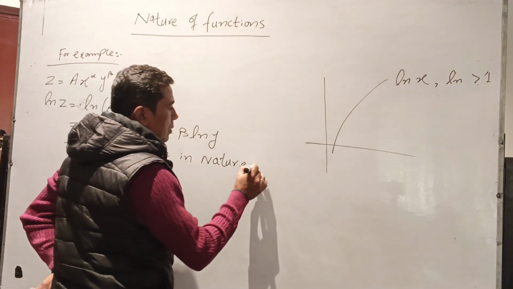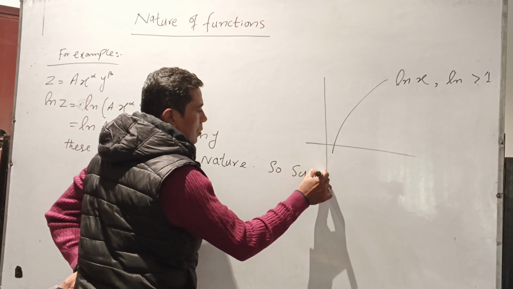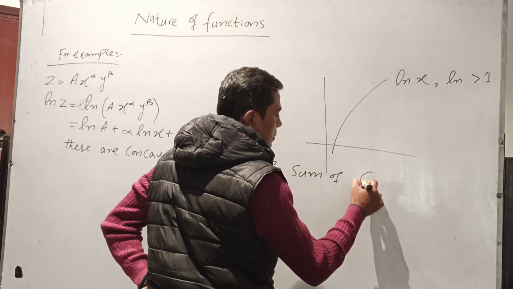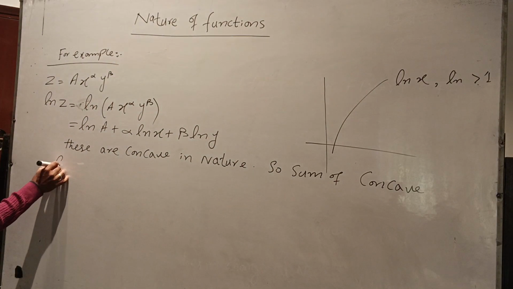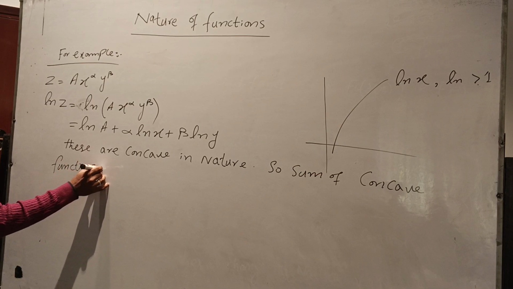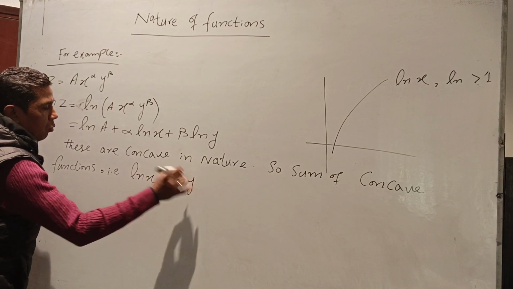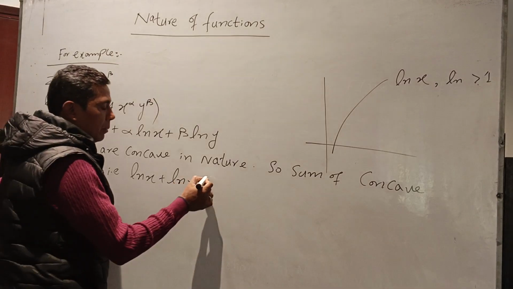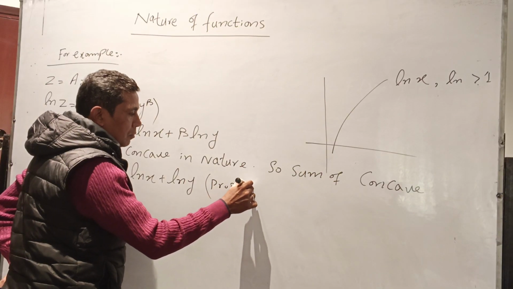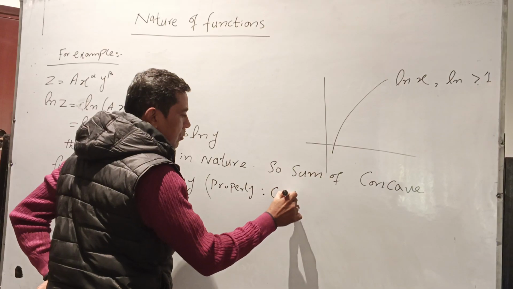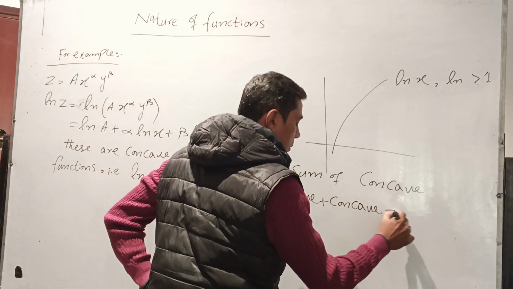Okay. So the sum of concave functions, these are ln x plus ln y, which we have discussed in the property of concave functions. The property is: concave plus concave remains concave.